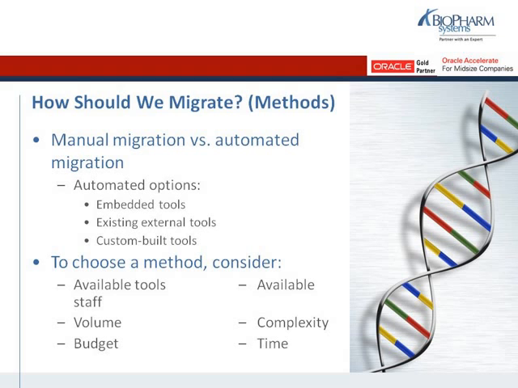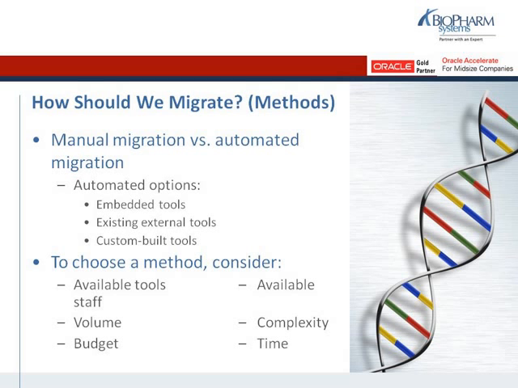When looking at automated options, you have to consider embedded tools in your system that enable migration, such as Enterprise Integration Manager, or EIM, for Siebel applications. You may also consider the existing tools that your organization already owns licenses to, such as Informatica and other ETL tools available on the market.